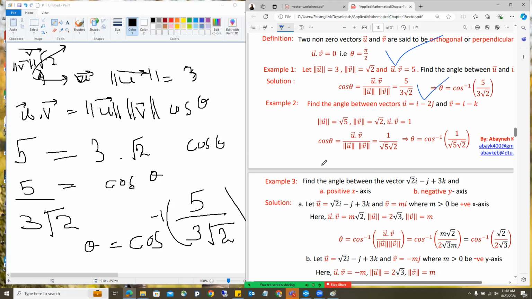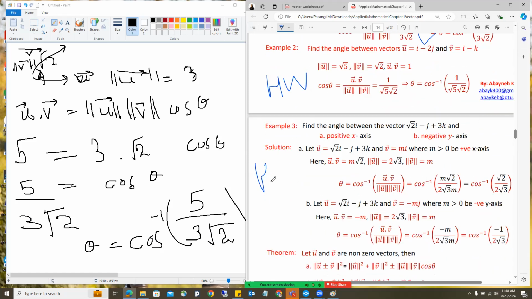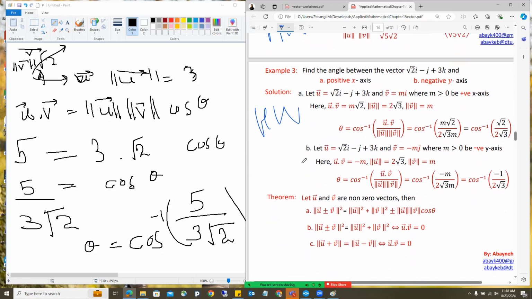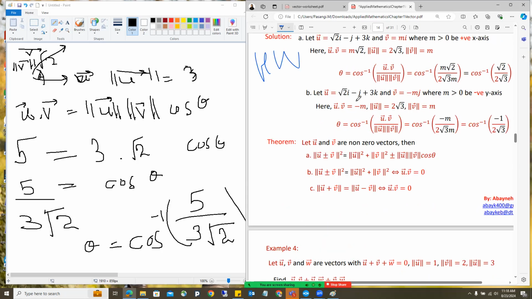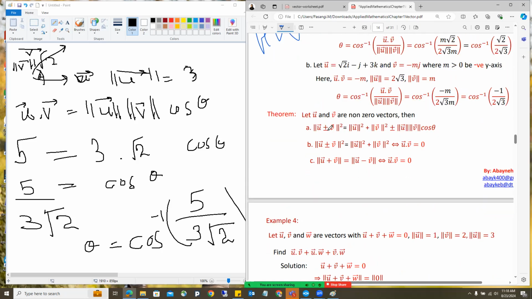Now you can write out example 2 as homework, and example 3 also as homework. Then we'll move to the next theorems. For these theorems, if we add or subtract these two vectors and take the magnitude squared, what will happen?